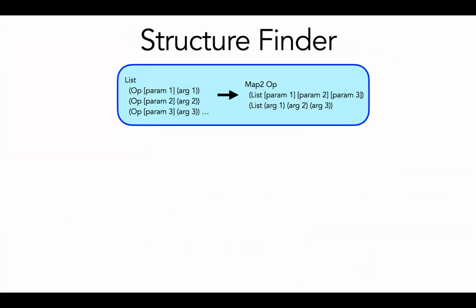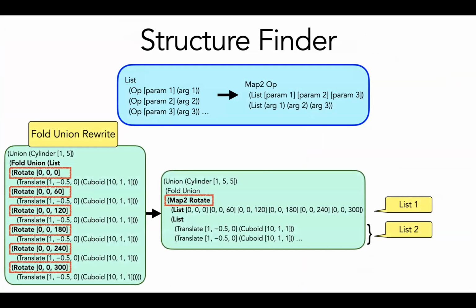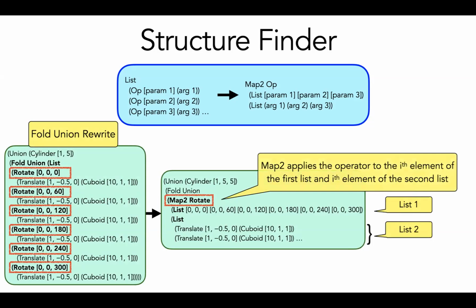So the first thing was this structure finder, right? So when I see this sequence of the same operator, maybe with different arguments being applied over and over, I can turn that into a map2. I can pull that out just by repeatedly applying the right rewrites. In this case, I'm going to do it for that map2 rotate like we saw. And I can also do it again for the translate.